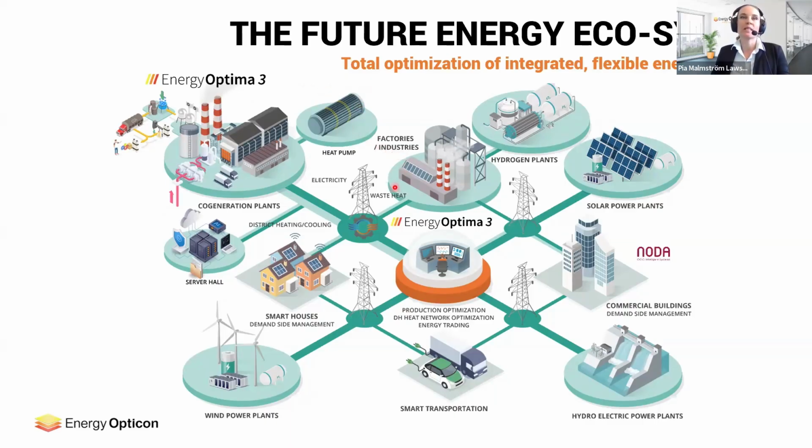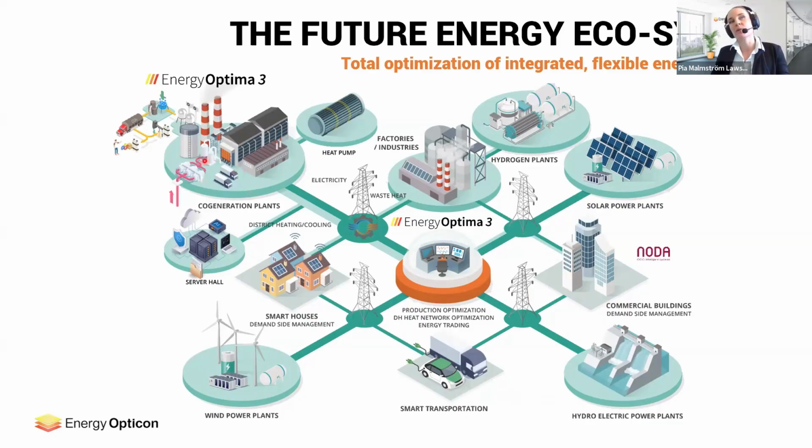It could be waste heat from nearby industries or server halls. It could also be large heat pumps in the system. Of course, there can be new techniques such as CCS or CCU. Hydrogen can also be part of the system, somehow connected. And there can be solar plants and wind power farms connected to batteries, and then vehicle to grid, hydropower, and then also very important now, the building side as well.